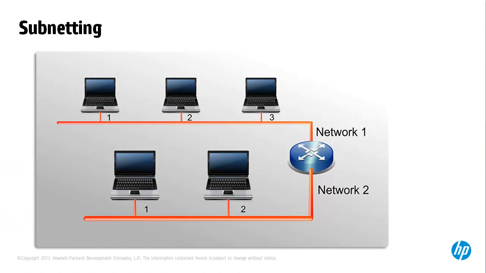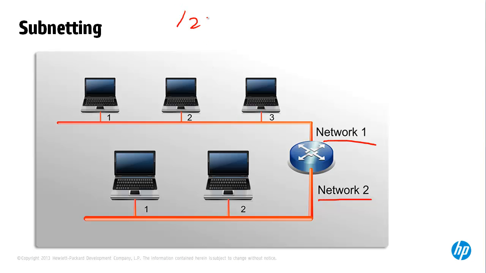The reason may be that your remote site only has a few devices. So in this example, let's say you've got 3 PCs on segment 1 and 2 PCs on segment 2. It's unlikely that the head office is going to allocate you separate subnets that can support 254 hosts for this scenario.